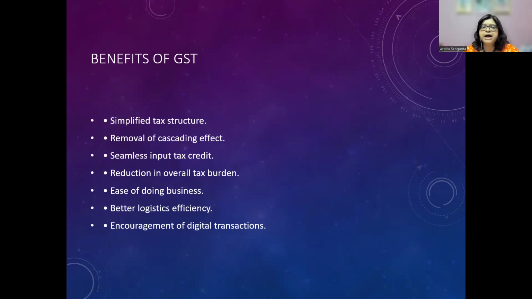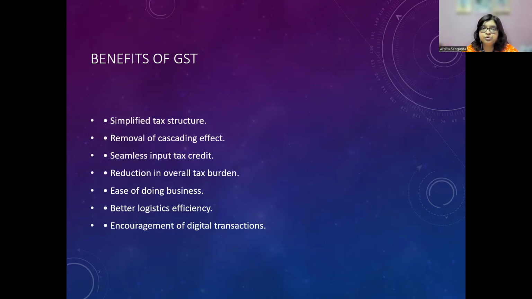GST was primarily implemented to simplify the complex tax structure which was prevalent in our country, and also to remove the cascading effect. Cascading effect means tax on tax effect. In our previous tax structure, we had to pay tax on the taxes which were implemented.